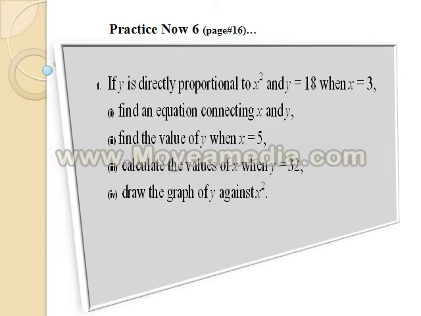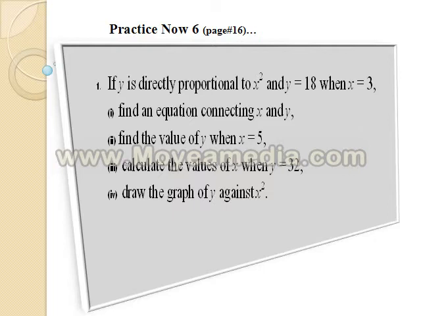When we write y is directly proportional to x squared in the form of an equation, it comes out to be y is equal to kx squared. This constant of proportionality is unknown, and to find it they always give you one complete pair, y and x, in order to know the complete relationship.